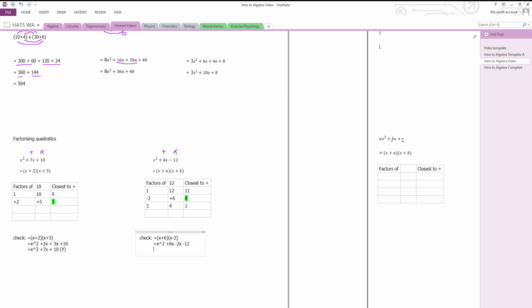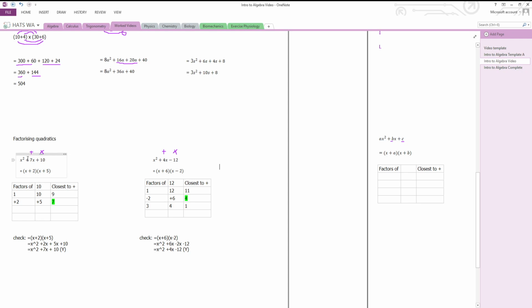And so we end up with x squared plus 4x take 12. Yep, that's exactly what we're looking for. So yes, that is correct. So our a would be 6 and our b would be negative 2, x take 2.